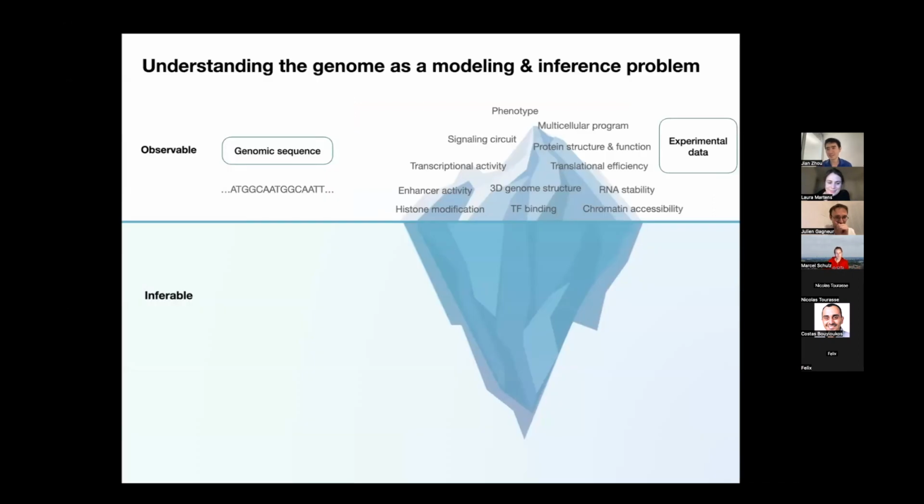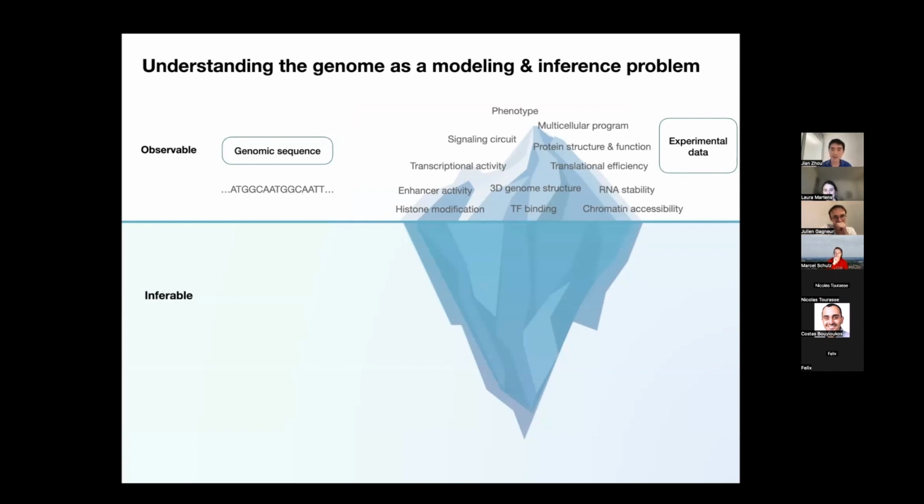So I think for this audience, a lot of you probably share the same view that decoding the genomic sequence is almost an ideal problem for machine learning, right? We obviously know the entire human genome, about 3 billion base pairs, which is a reasonably large data set.